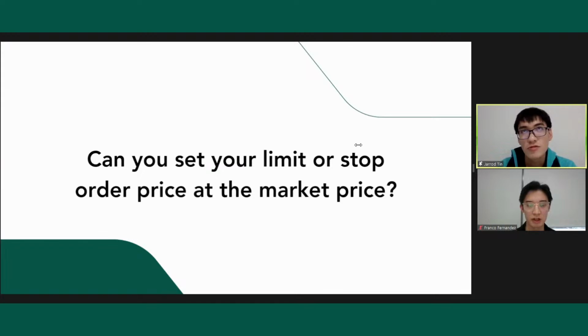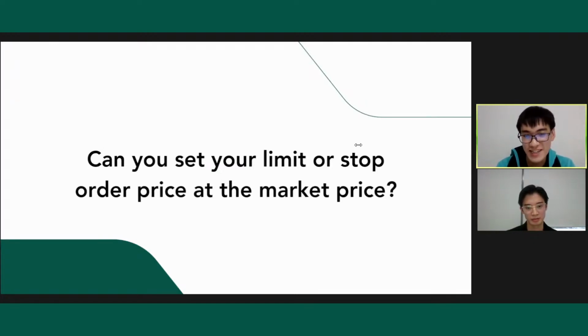For example, if AGI is trading at 10.5 and you set your limit buy order at 10.5 and send it, it will execute the order. But if you don't want to buy at that price, and as mentioned earlier by Jarrod, you think the price will go lower, then you can set it at a lower price, and it won't execute.